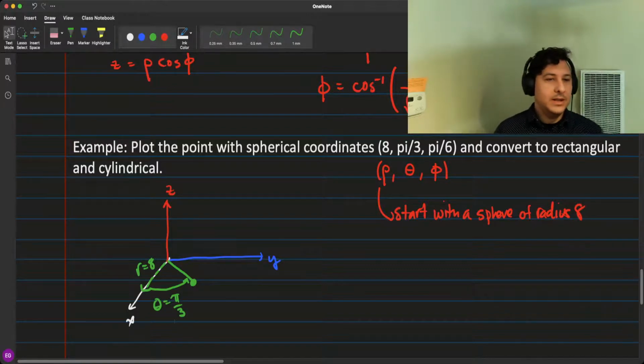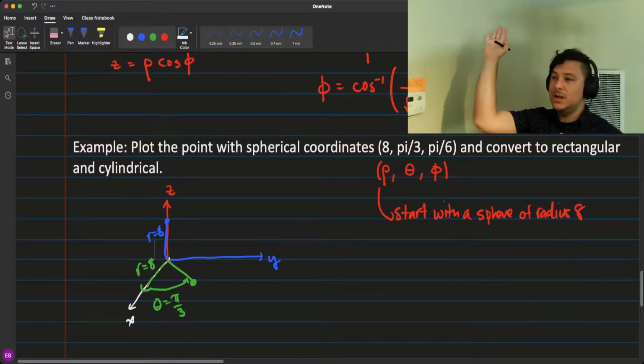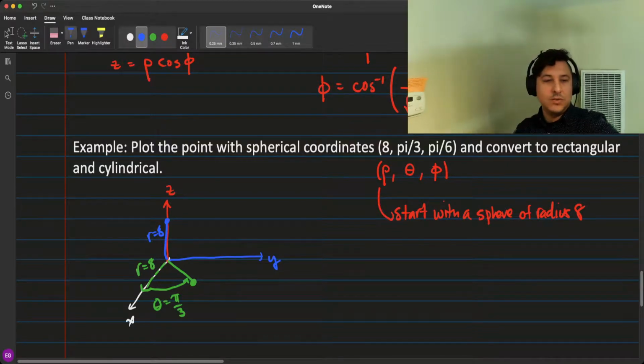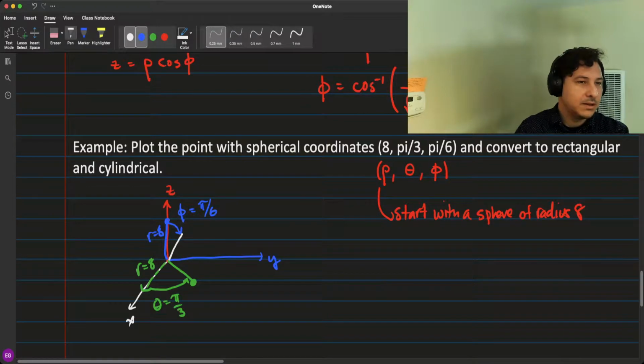Okay. Now you do the same thing on the z-axis. You start right here with this thing of radius 8. And now you're going to rotate pi over 6 away from the z-axis towards my green line, 30 degrees. So I'm going to rotate in this direction, phi equals pi over 6, which is 30 degrees. So my point, actually let's redraw this because this doesn't look very good.